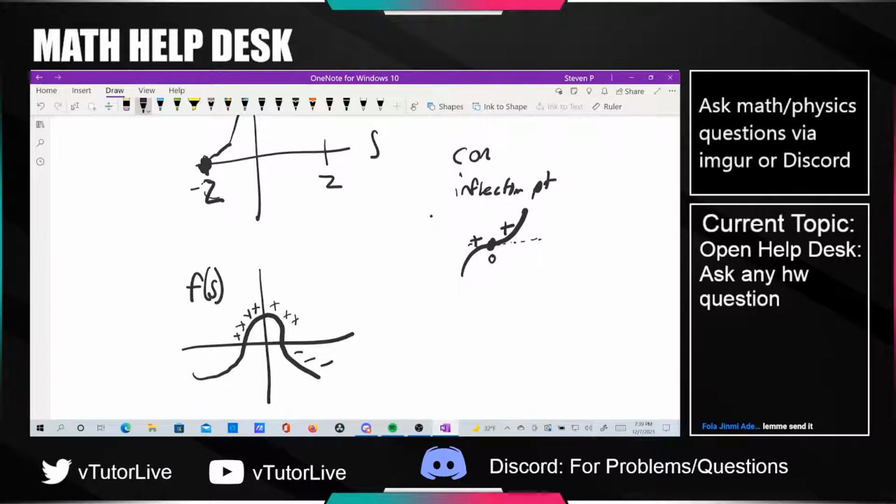Is that definition this sum-looking thing? Yeah. Suppose that f is continuous, then each subinterval takes on a maximum value and a minimum value.